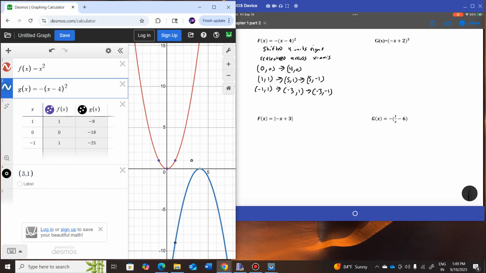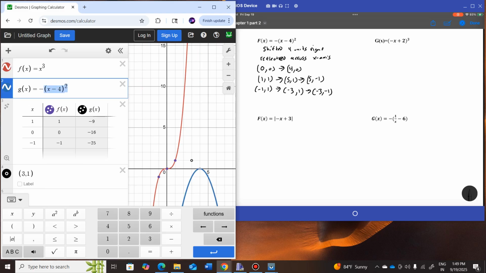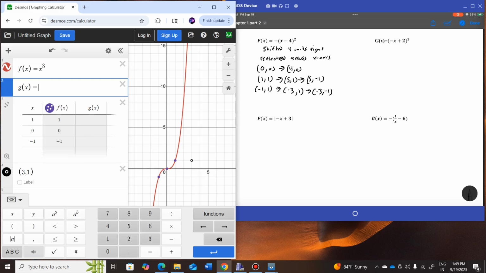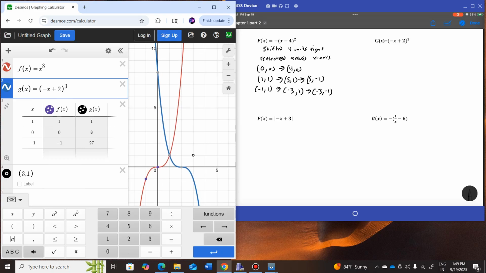Okay. So now the next one, negative x plus 2 cubed. I'm going to show this first. Notice the negatives on the inside with this, (-x + 2)^3. And don't worry about this point right here.